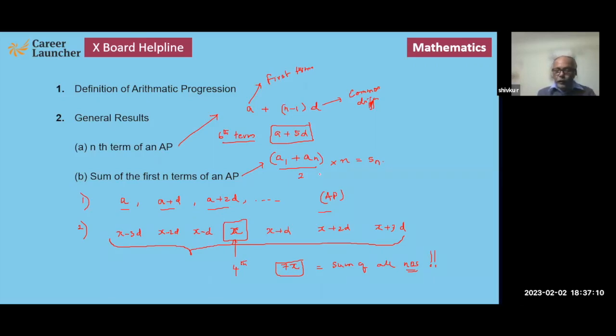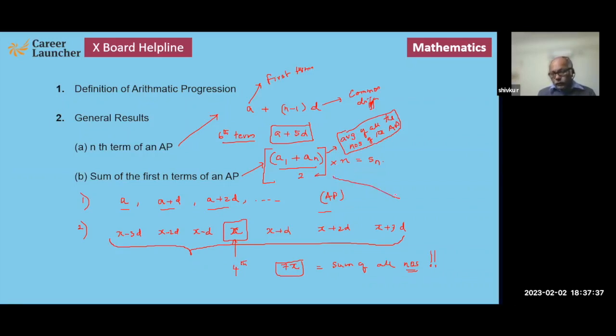You can actually look at it and understand that this value happens to be the average of all the numbers of the progression, right? So that's why if you multiply it by n, you're going to get the summation of all the n numbers. Now this is one part.